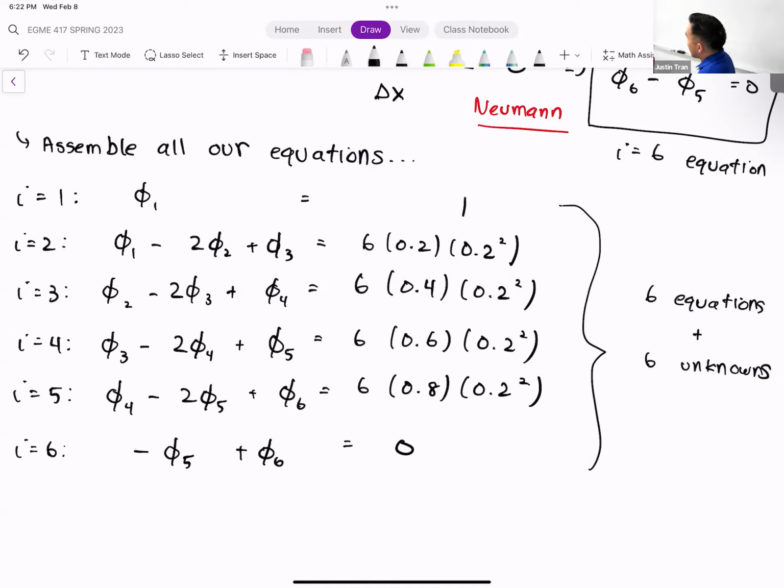Right. And so we did it. We have our 6 equations here, and we're going to use them to solve for our 6 unknowns: phi1, phi2, phi3, phi4, phi5, and phi6.